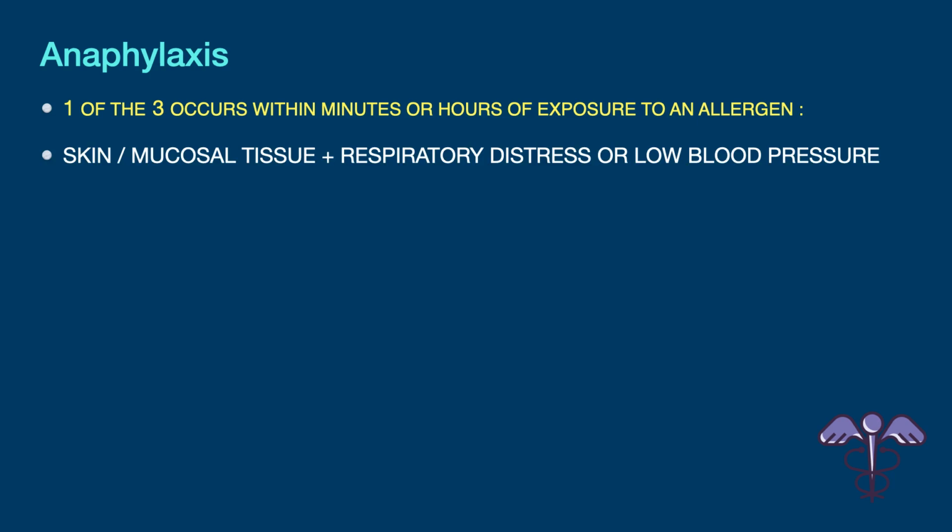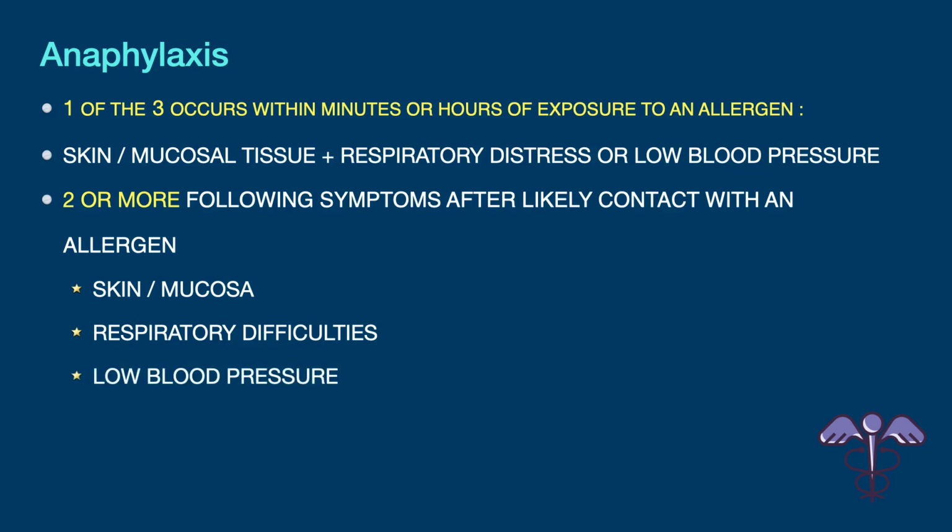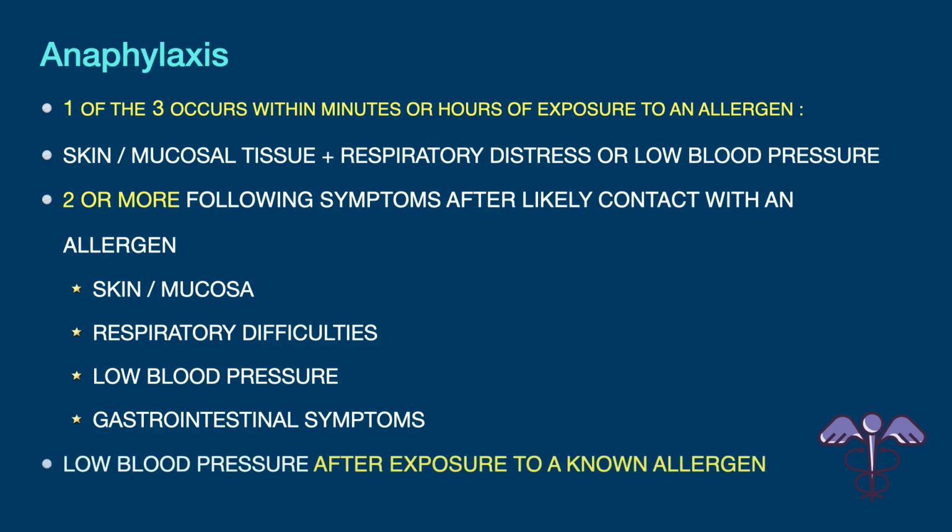Two or more of the following symptoms after likely contact with an allergen: involvement of the skin or mucosa such as hives, swollen tongue and itchiness, respiratory difficulties like dyspnea and stridor, low blood pressure, and gastrointestinal symptoms which include crampy abdominal pain, diarrhea and vomiting. And lastly, low blood pressure after exposure to a known allergen.